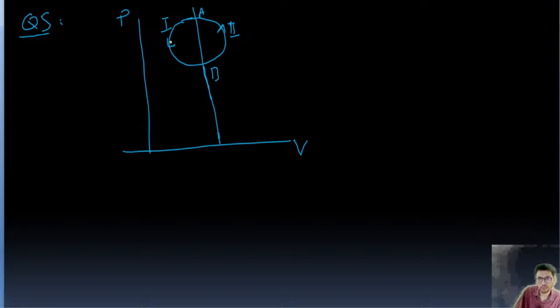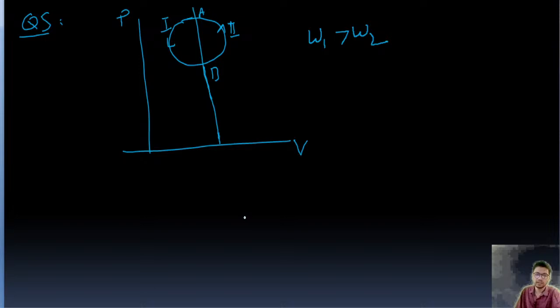So W1 is greater than W2, because in this case the volume is increasing, and here the volume is decreasing, right?